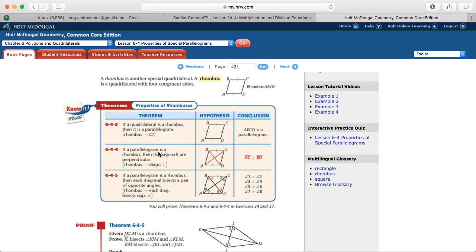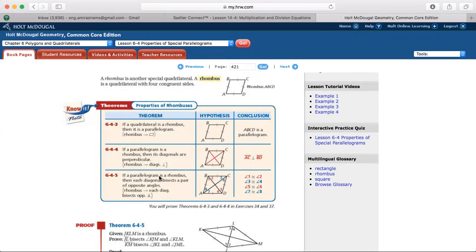If a parallelogram is a rhombus, then its diagonals are perpendicular. So here I got a new property, that the diagonals of the rhombus are perpendicular to each other. AC is perpendicular to BD.